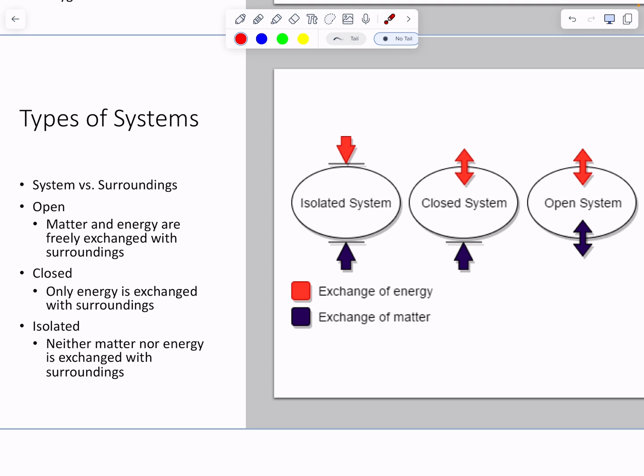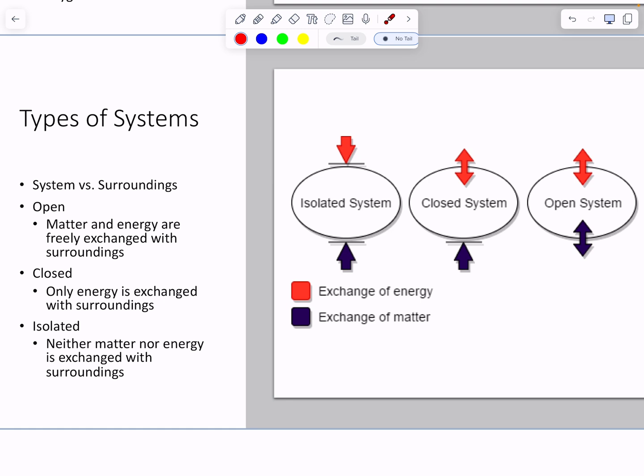So biological organisms live in an open environment, but because we have areas of organisms and cells that are kind of sequestered away and maybe control the exchange of matter, we can have some examples of closed systems within what we're looking at, okay?